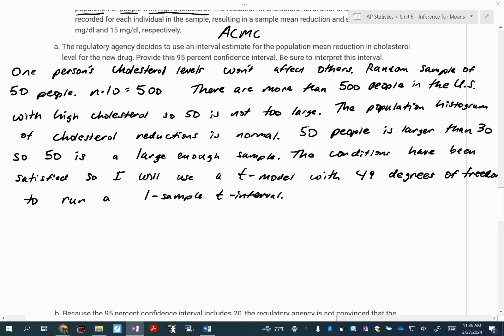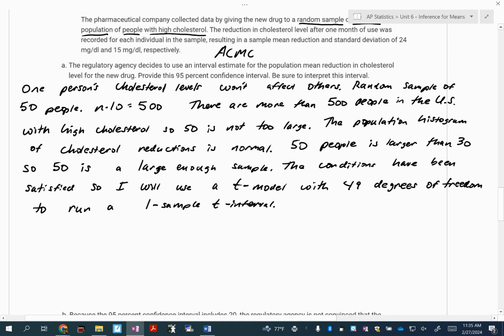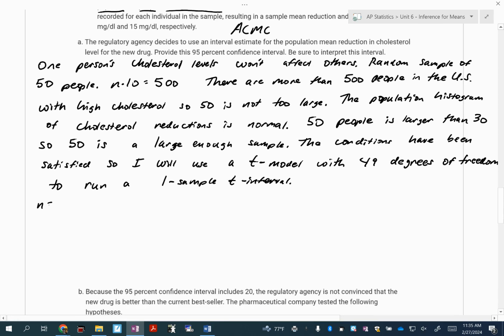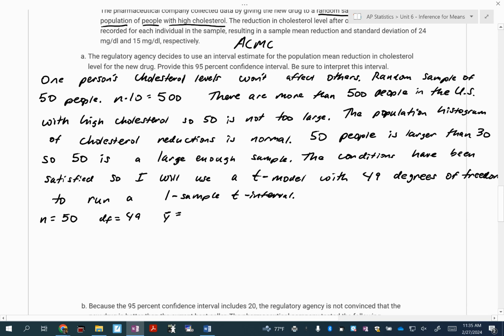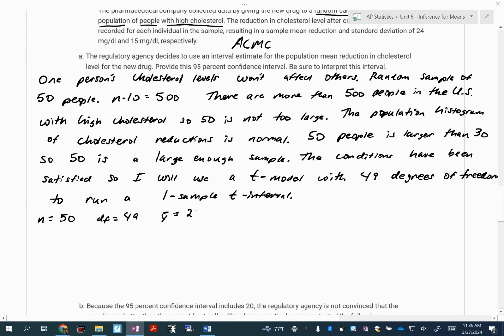All right, so I'm going to write down the stuff that I know because they actually gave me some statistics here. So I know my sample size is 50. My degrees of freedom is 49. My Y bar, which is our sample mean, the sample mean reduction in cholesterol is 24 milligrams per deciliter. And then the standard deviation is 15 milligrams per deciliter.